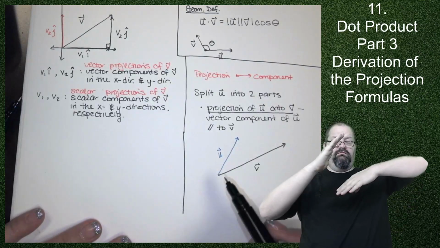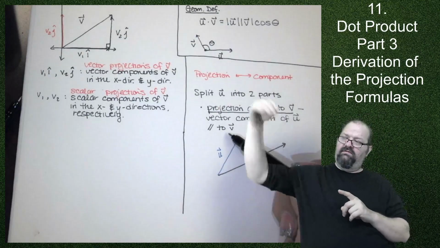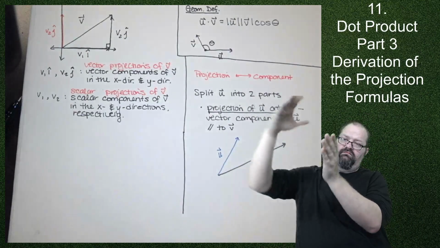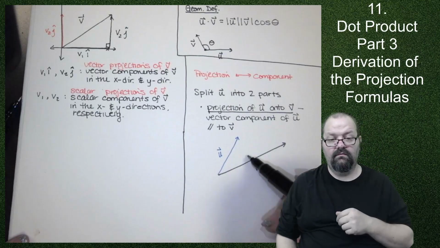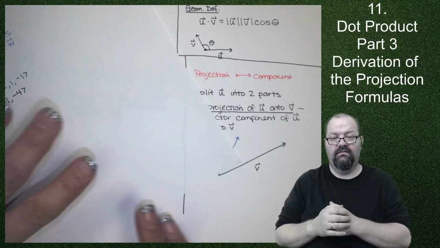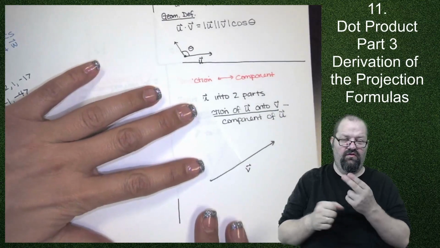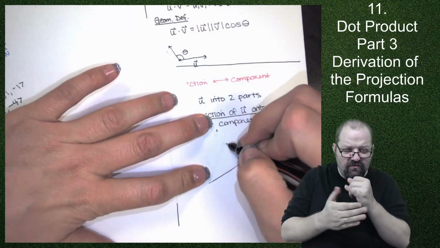The projection of U onto V is the shadow that would be cast if I had a sun right here, splitting U into two parts. One part that's parallel to V and another part that's perpendicular to V. And use a straight edge to draw that in. Oops, here we go. Part that's perpendicular to V. It's right here.